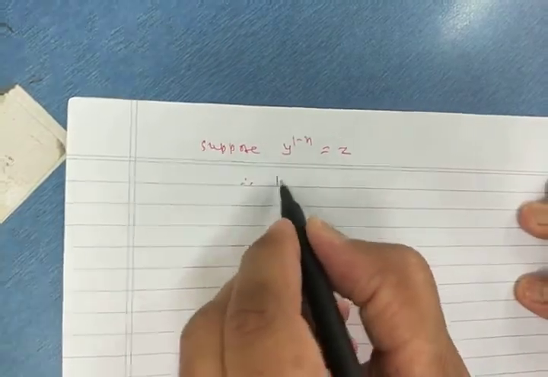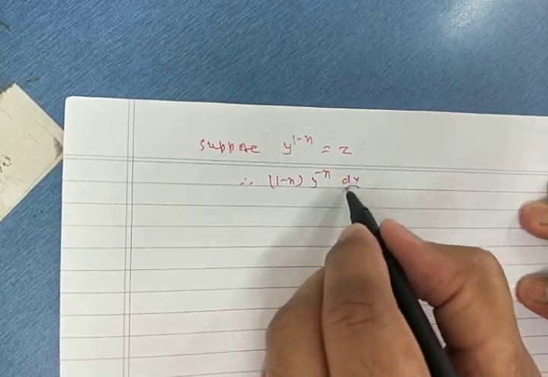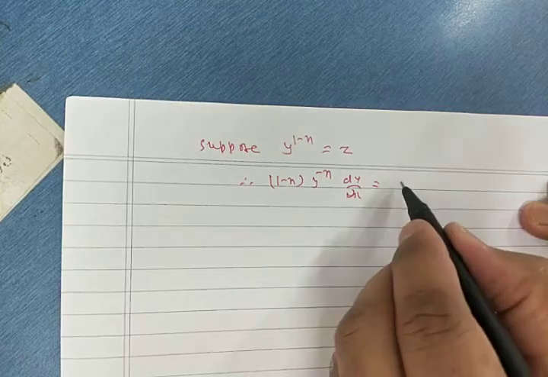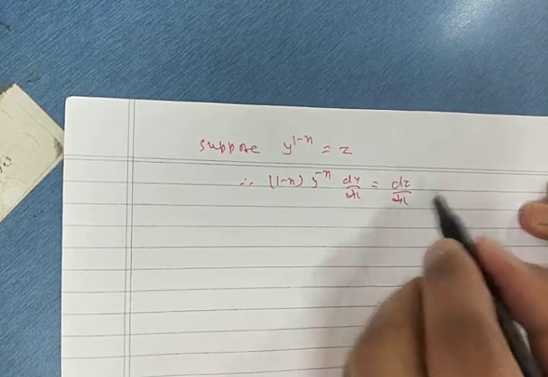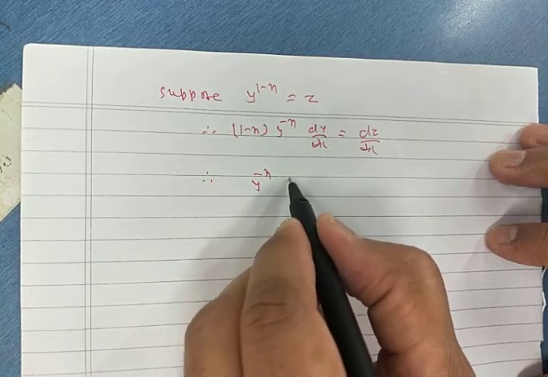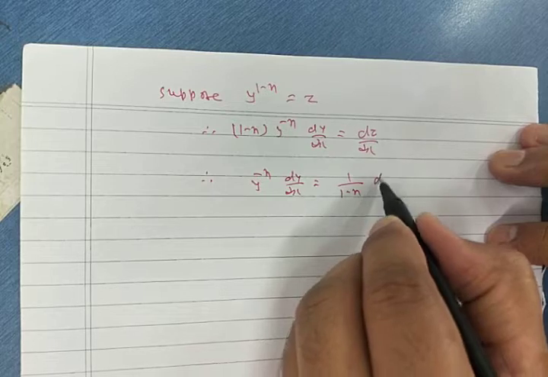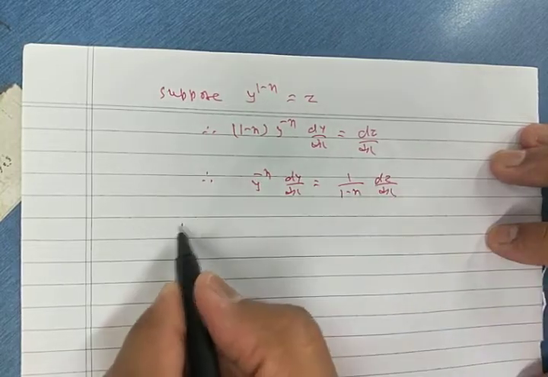So if we differentiate it, 1 minus n y raised to minus n dy by dx is equal to dz by dx. So y raised to minus n dy by dx is equal to 1 upon 1 minus n dz by dx.